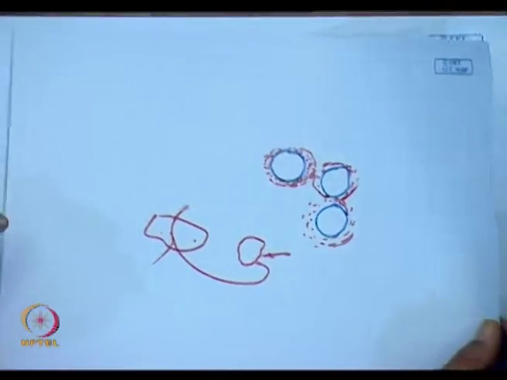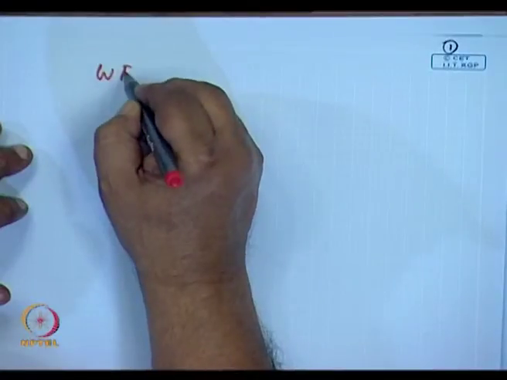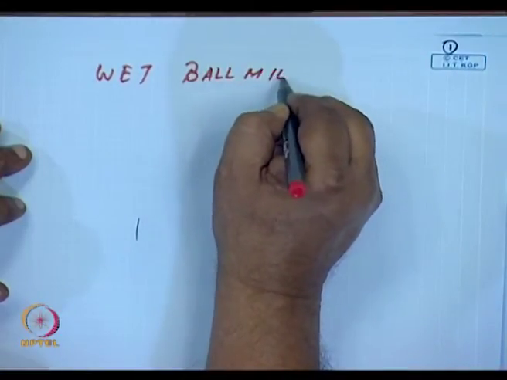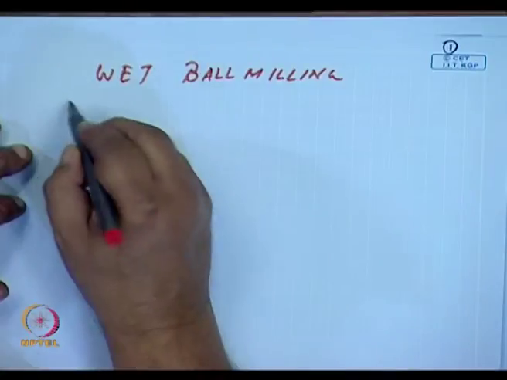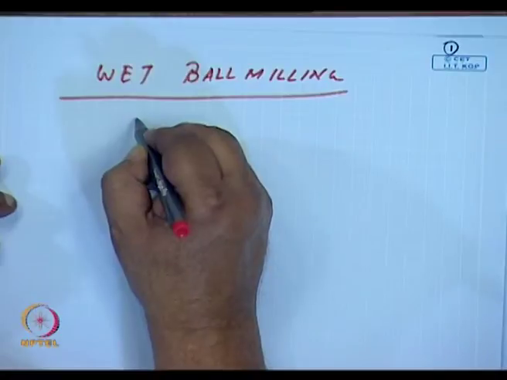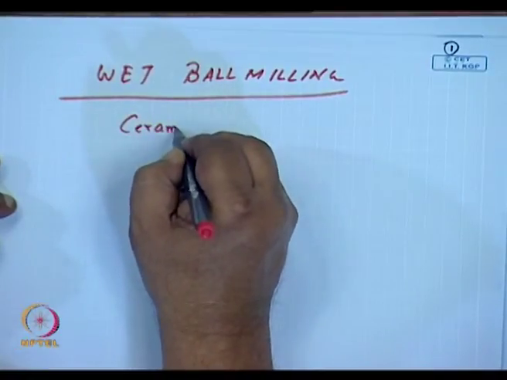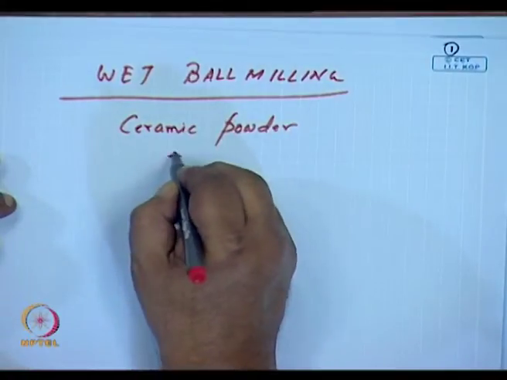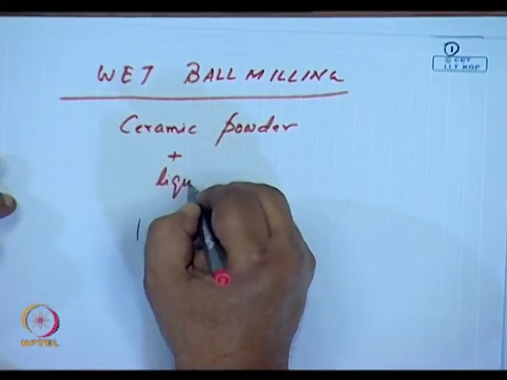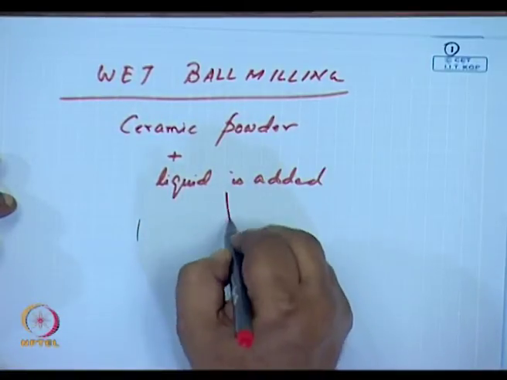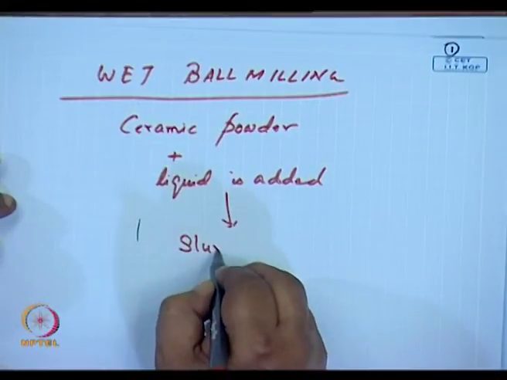So, frequently what is done is wet ball milling. Here, in addition to the ceramic powder, a liquid is added, so that a slurry is formed.